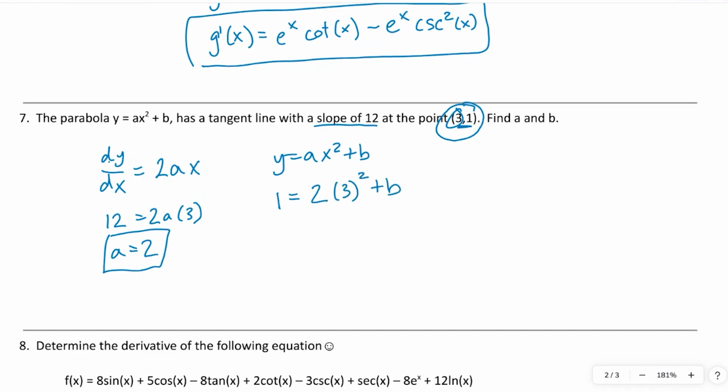And really I'm just doing this so that I can figure out what b is. So 3 squared is 9 times 2 is 18. So we'll do 1 minus 18, which is negative 17. And that's it. We don't really have to do anything else with it. So we found the value of a, and we found the value of b.